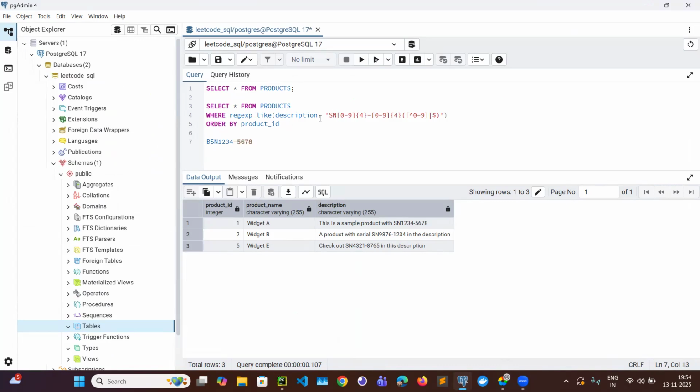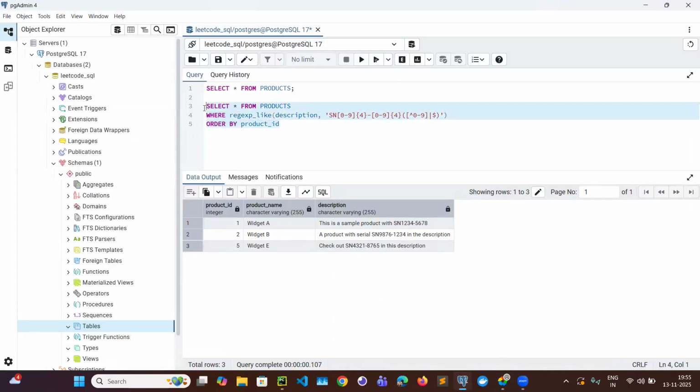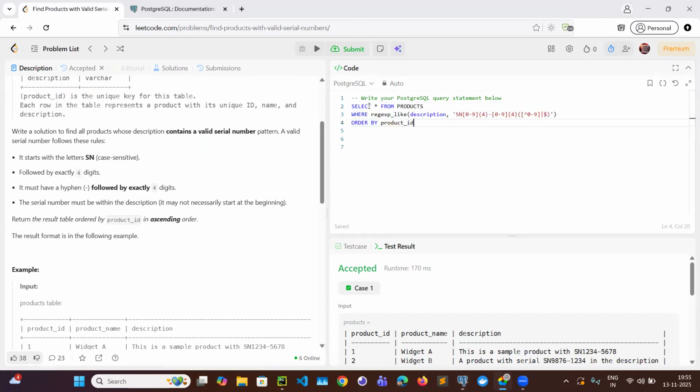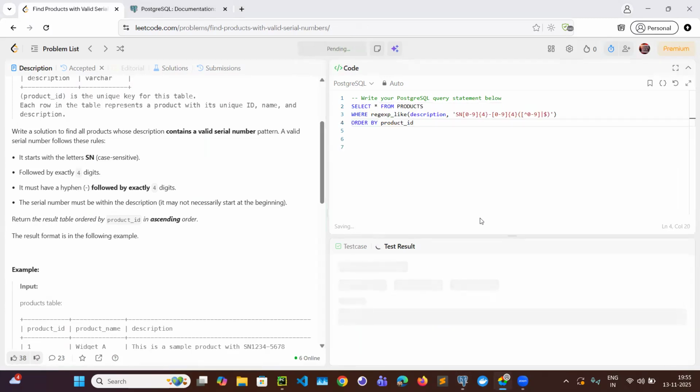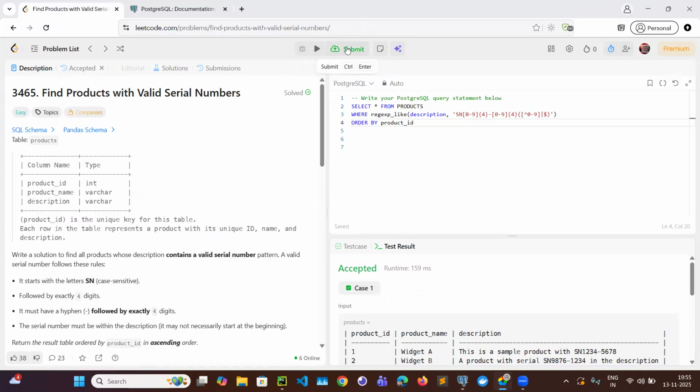This expression will match SN 1 2 3 4 5 6 7 8, but this should not be the answer because it is starting with B. It should not start with anything other than SN. But first, let's try this one. So the sample case is working, we already tested here, but let's see whether all the tests will work or not. It will not work.